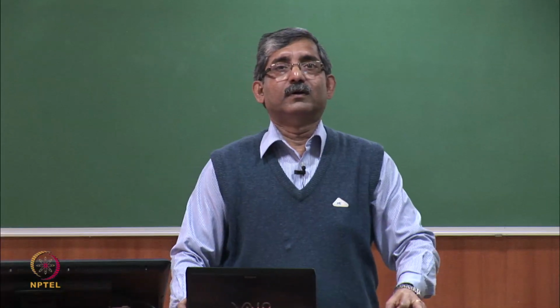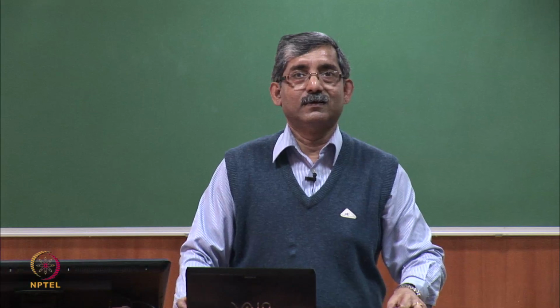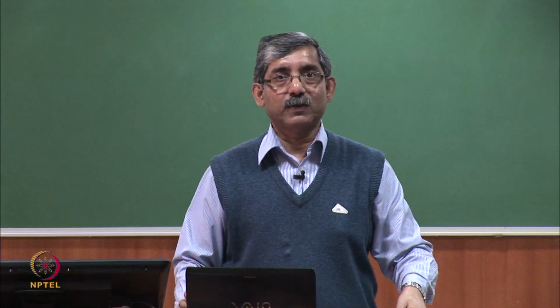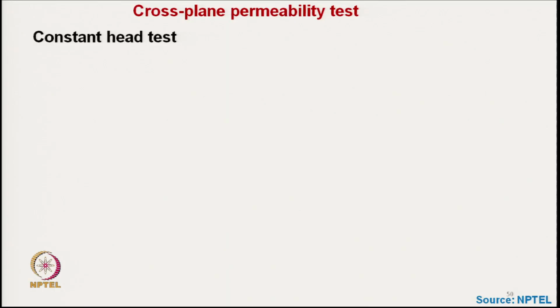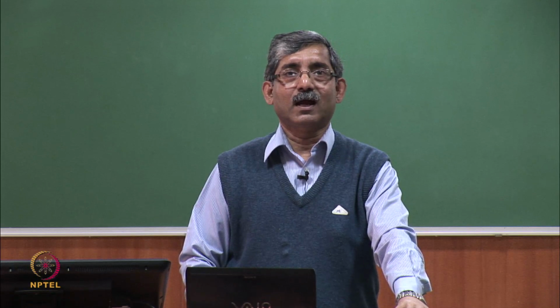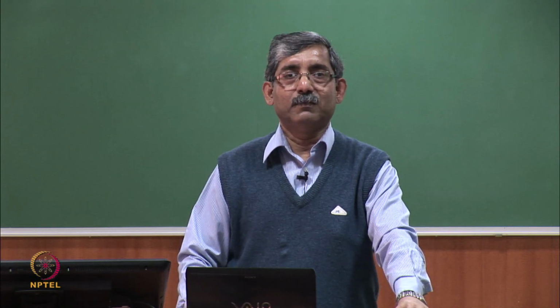Now, coming to the permeability test, as I have mentioned, there are two types of permeability test, one is cross plane permeability and another is in plane permeability. In cross plane there are again two types, one is the constant head permeability test, another is the falling head permeability test.